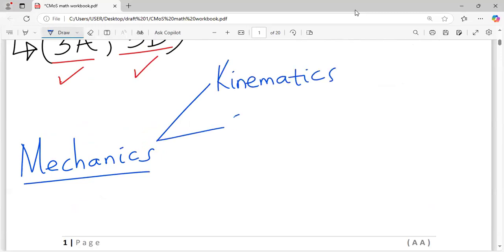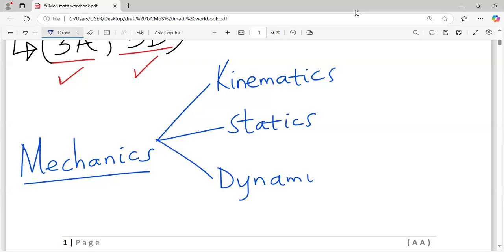It is divided into what they call statics. And we also have what we call dynamics. So the second is called statics, not statistics. Then the third is called dynamics.